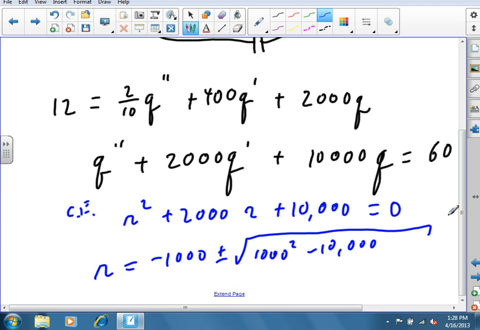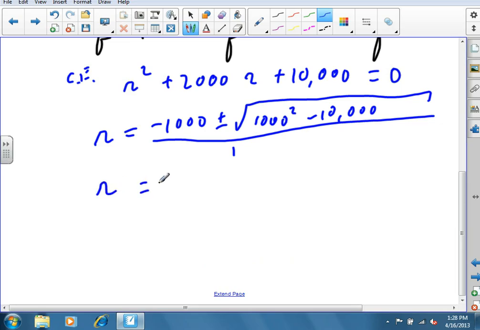I want the square root of that, which is about 995, plus or minus 995.